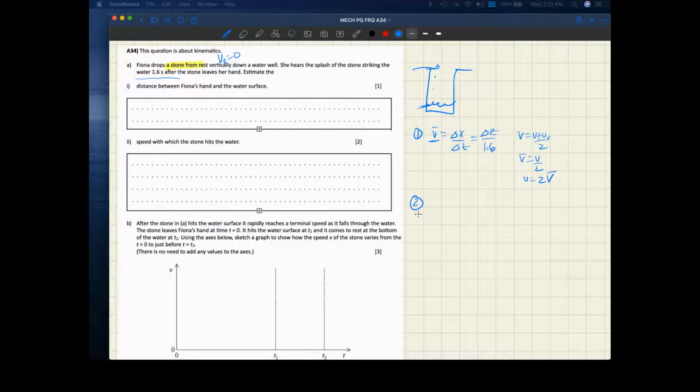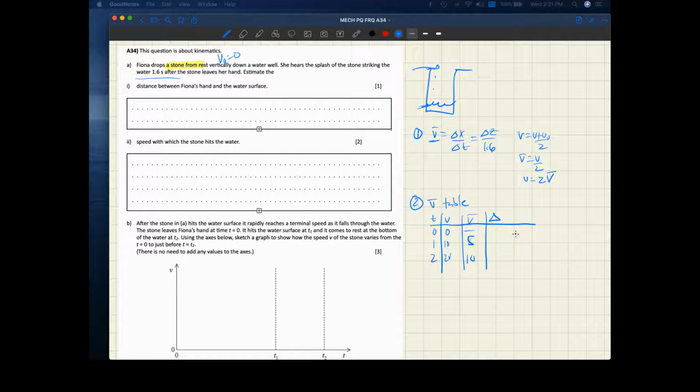So second, we can go on to our average velocity table. We've got time 0, 1, 2, and our velocity, which will be 0, 10, 20. I stopped at 2 seconds because the whole thing ends at 1.6. So the average velocity at 0 is meaningless, and then we've got 5 and 10.